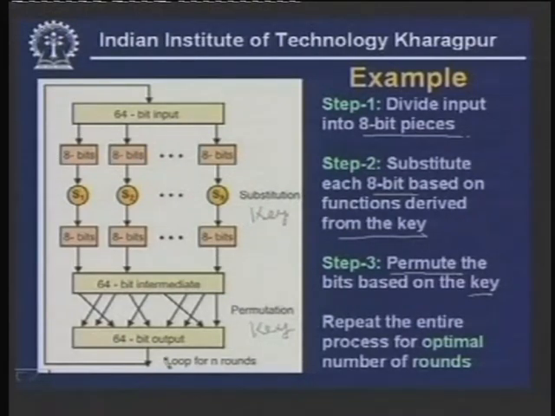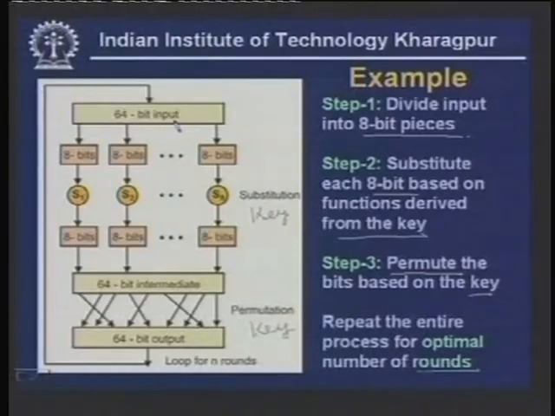So, obviously the question arises, how many rounds you will do, and it has been found that as the number of rounds increases, the effectiveness of encryption increases. However, it should not be too large. So, you have to find an optimal number of rounds to do the encryption.